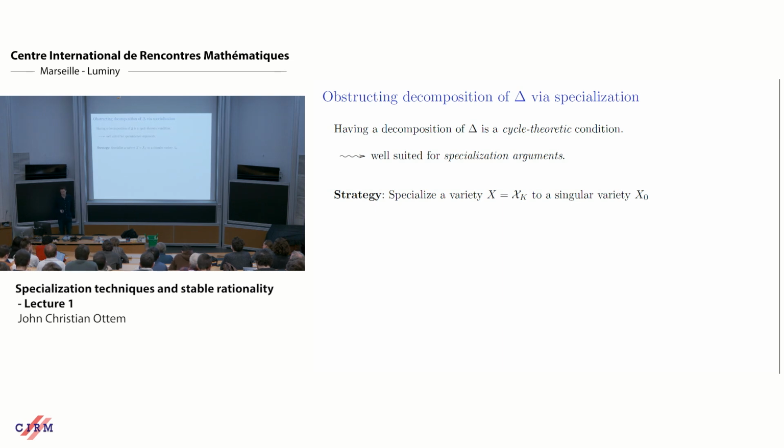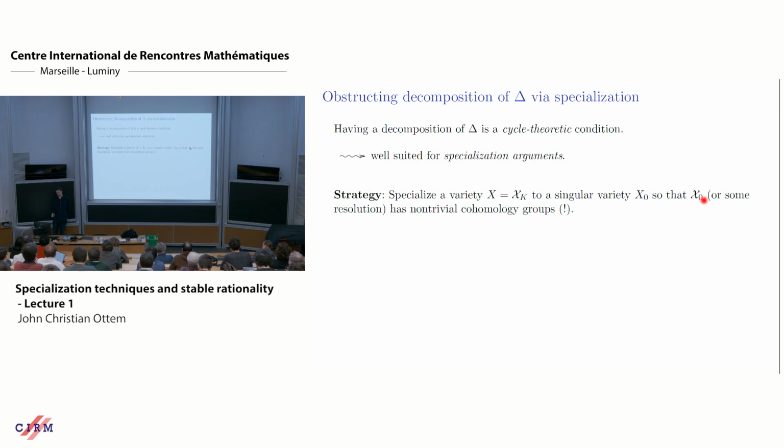So here's the sort of strategy. You specialize the variety that you want, maybe a hypersurface or something, to a singular variety, X0, so that this X0 does not have a decomposition of the diagonal.